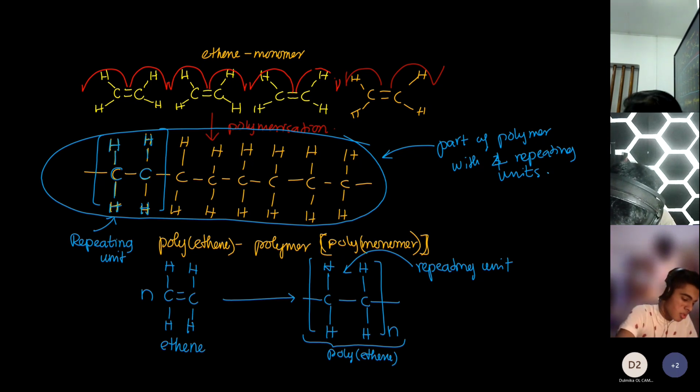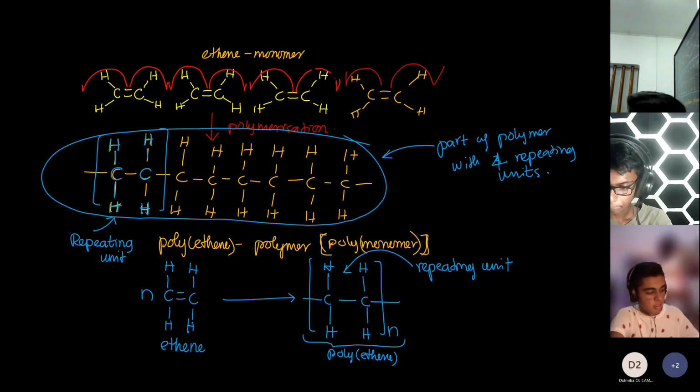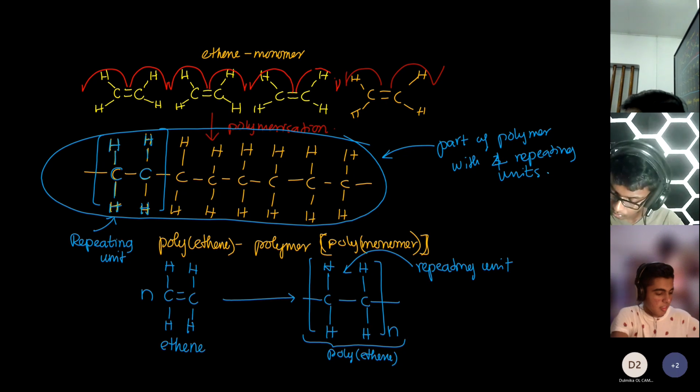The monomers, there are 4. I have shown 4. You don't have to show 4. So we can show 3 ethylene molecules and part of the polymer with 3 repeating units.